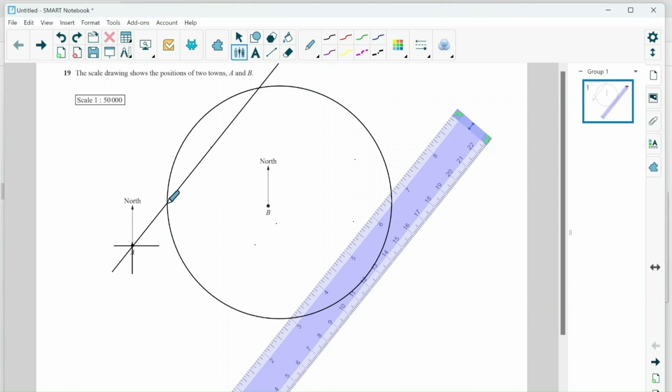We've gotten the two possible values for C, which is either this point or this point. Because on these 2 points, C is 6 centimeters away from B, which is also 3 kilometers on land from B. And also these 2 points are on a bearing of 40 degrees from A. So this point and this point are the two possible locations for point C.